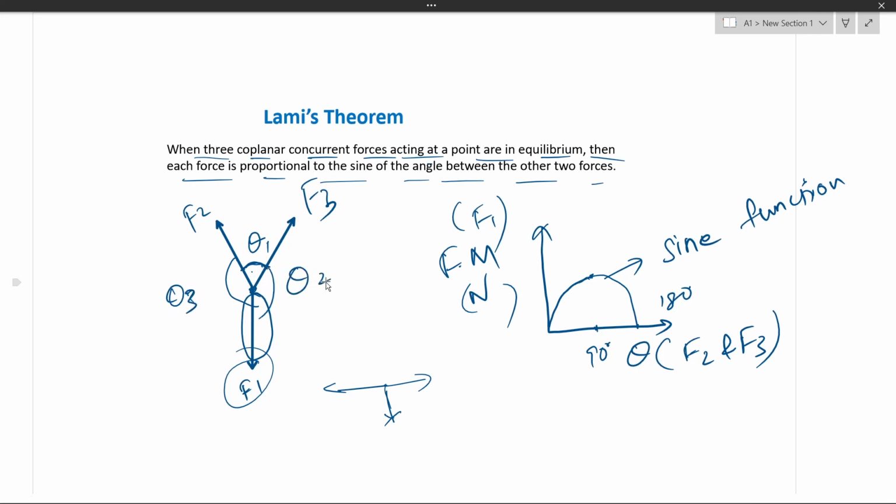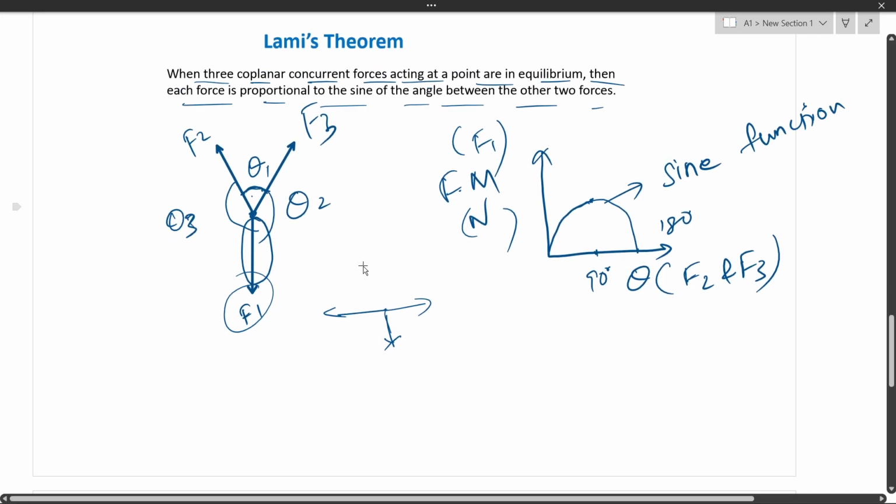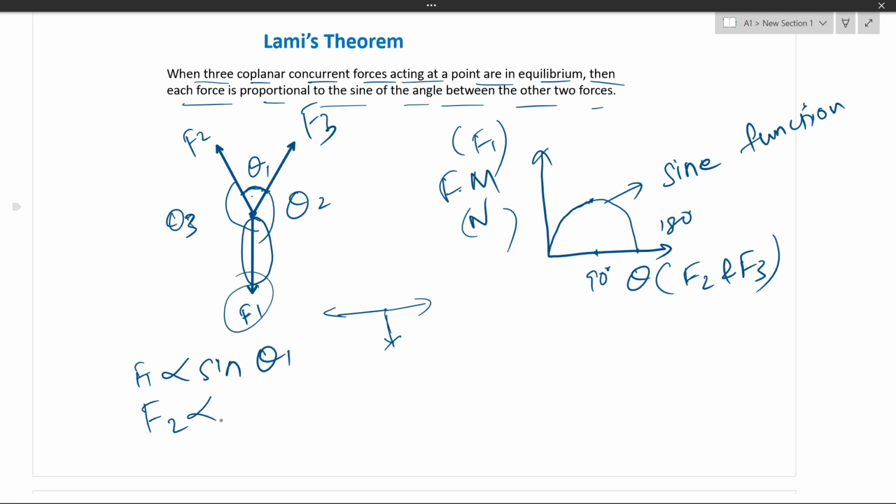This means F1 is directly proportional to sine theta 1, F2 is directly proportional to sine theta 2, and F3 is directly proportional to sine theta 3.